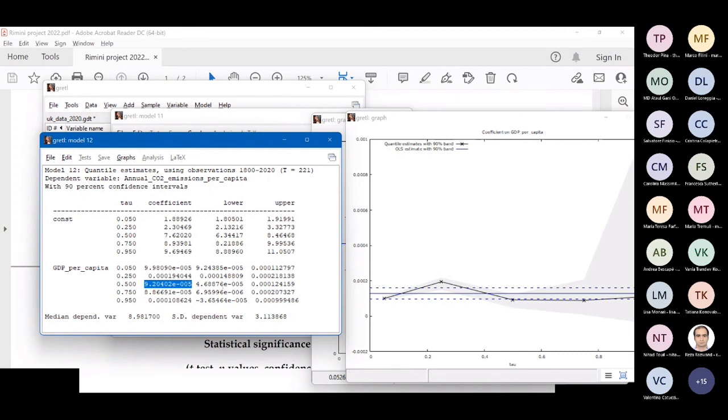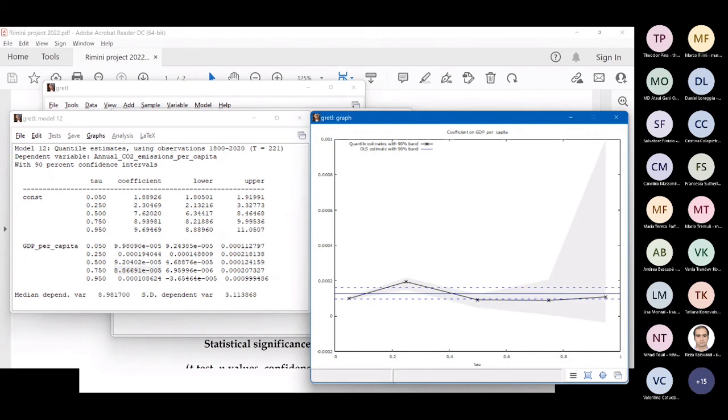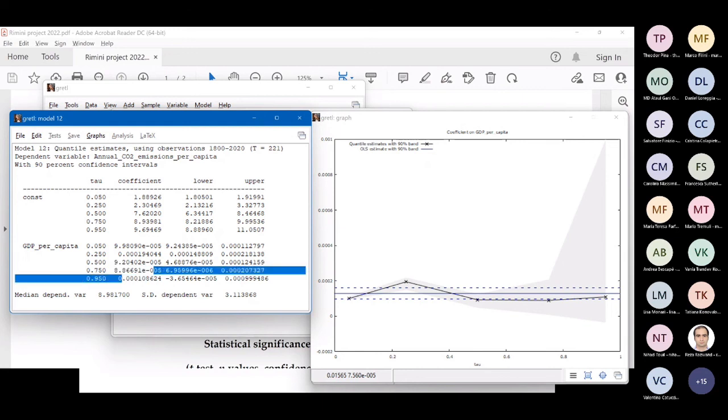Okay, we are looking at the 75% cases of the highest CO2 emissions. This number here in the graph is this point here. And the top 95, so when CO2 emissions are relatively high, it's this point here.